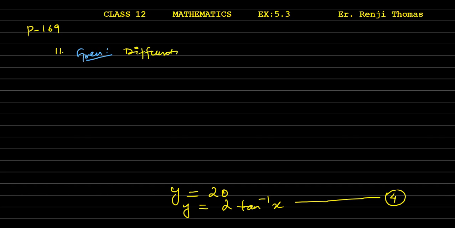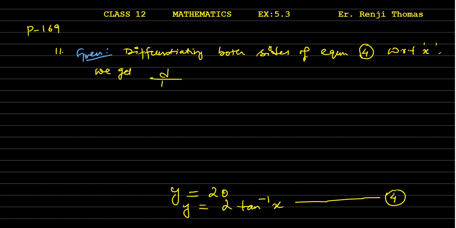Differentiating both sides of equation 4 with respect to x. Now it has become simpler for us, so we can do dy by dx is equal to d by dx of 2 tan inverse x. 2 is a constant, so 2 can be brought outside.